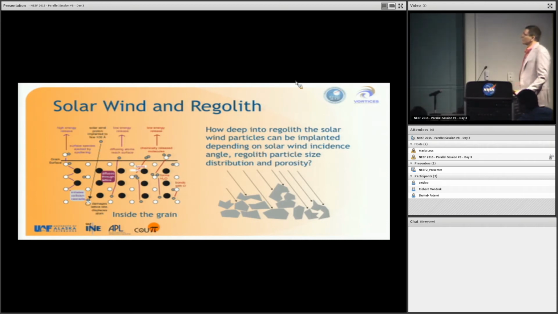So we try to study this process, and what we do here, as an initial step, is try to figure out how deep into the regolith the solar wind particles can actually be implanted.